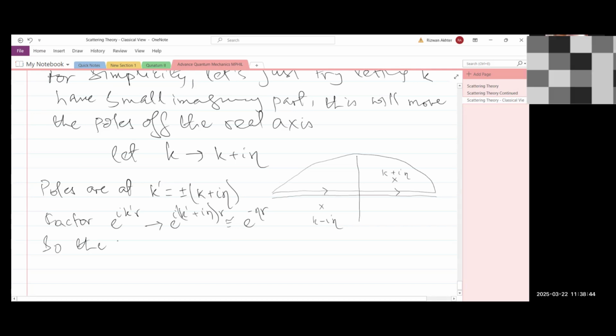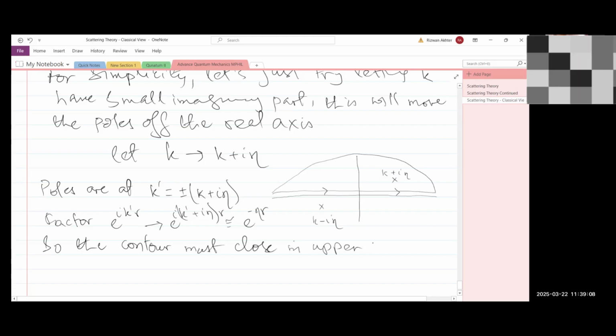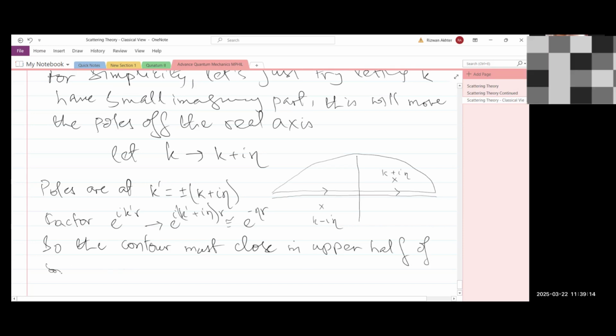So the contour of integration, जिस पर कॉम्प्लेक्स एनालिसिस कॉम्प्लेक्स वेरिएबल में उस पाथ को जिस पाथ पर इंटीग्रेशन करते हैं उसको contour कहते हैं, मस्ट क्लोज इन अपर हाफ of complex plane.